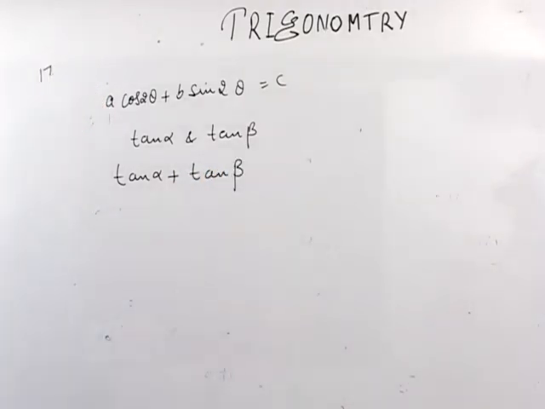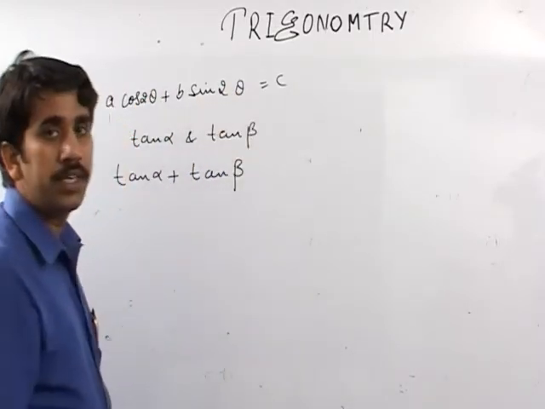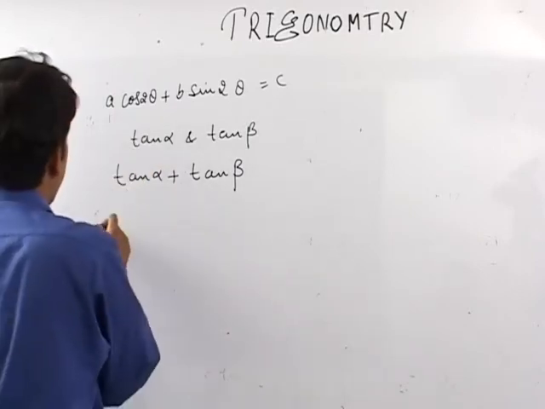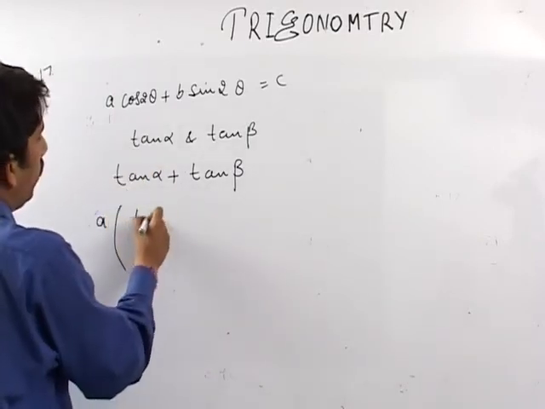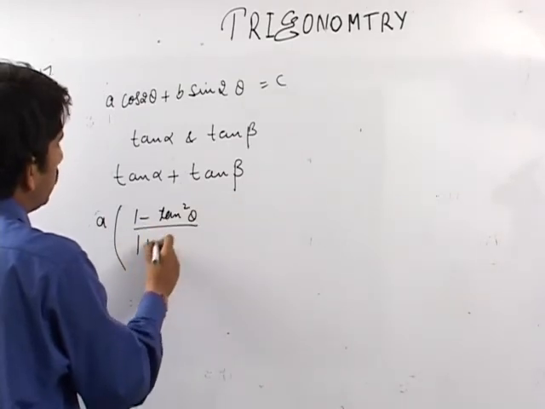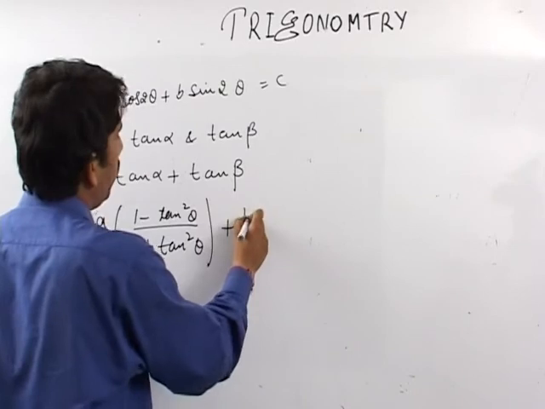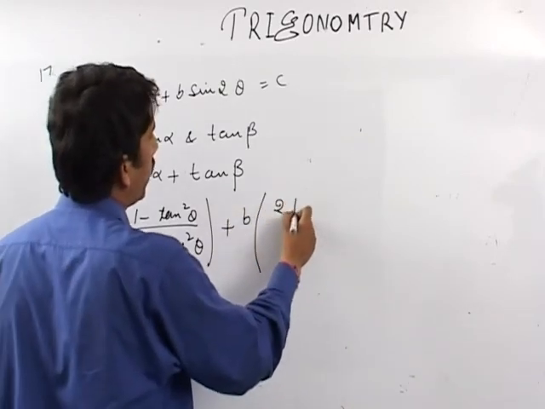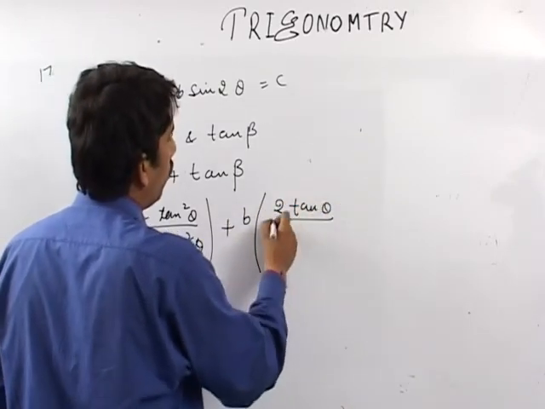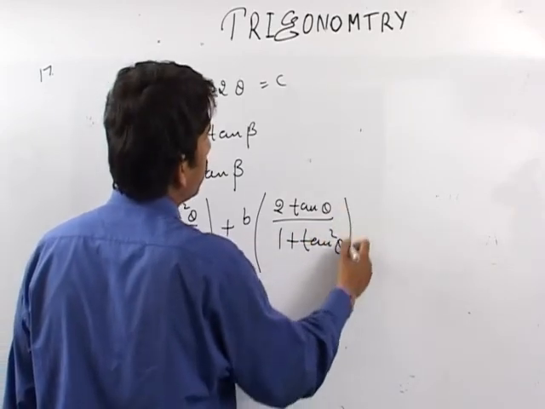Now, if we split this cos 2 theta and sin 2 theta in terms of tan, then you will get a (1 minus tan square theta) over (1 plus tan square theta) plus b into 2 tan theta over (1 plus tan square theta) is equal to c.